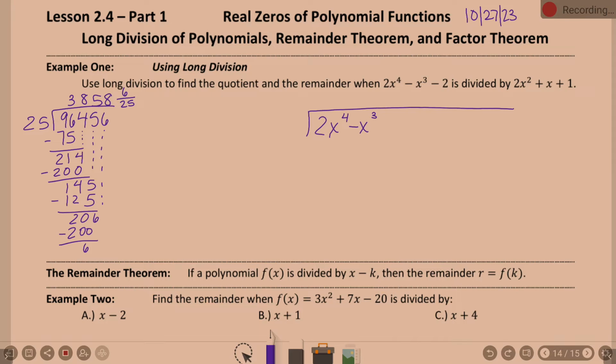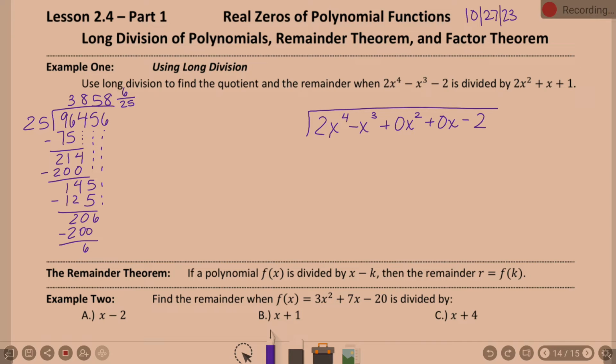So if you start with x to the 4th, we have an x to the 4th. After x to the 4th, we have an x to the 3rd. After x to the third, we should have an x to the second that we don't have, so we're going to say plus 0x to the second. After x to the second, we should have x to the first, so plus 0x, and then minus 2.